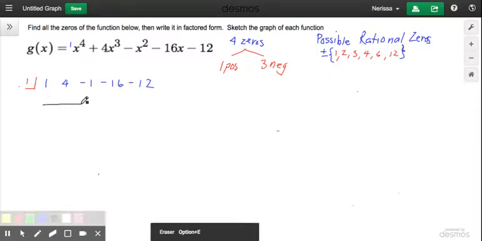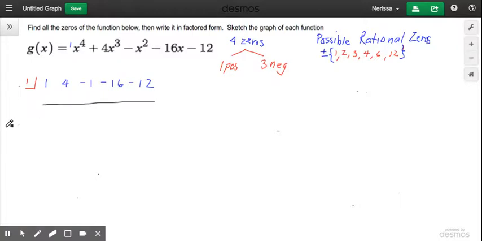And then, 1, bring it down here, and then multiply by 1, we get 1. 4 plus 1 gives us 5. 5 times 1 is 5. Negative 1 plus 5 is 4. 4 times 1 is 4.